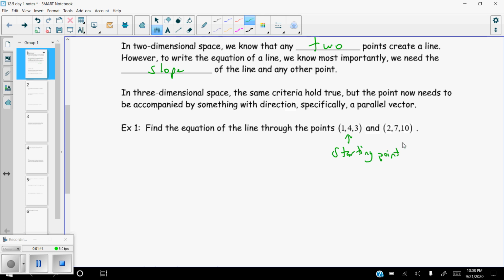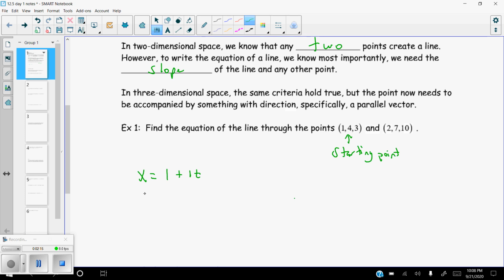And basically, we need to know how x, y, and z change. Well, the x part starts at 1, and it changes by 1. It goes from 1 to 2. So it changes by 1. So it's going to be plus 1t, or just plus t.